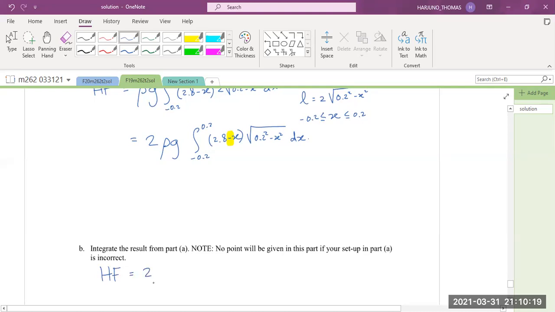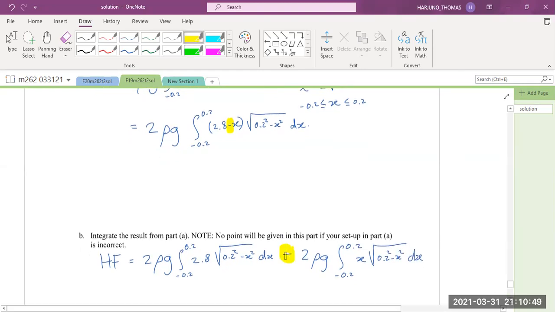The hydrostatic force is 2 rho g integral negative 0.2 to 0.2 of 2.8 square root of 0.2 squared minus x squared dx, minus 2 rho g integral negative 0.2 to 0.2 of x square root of 0.2 squared minus x squared dx. Again, our difference is here, right? Yours is plus, mine is minus.